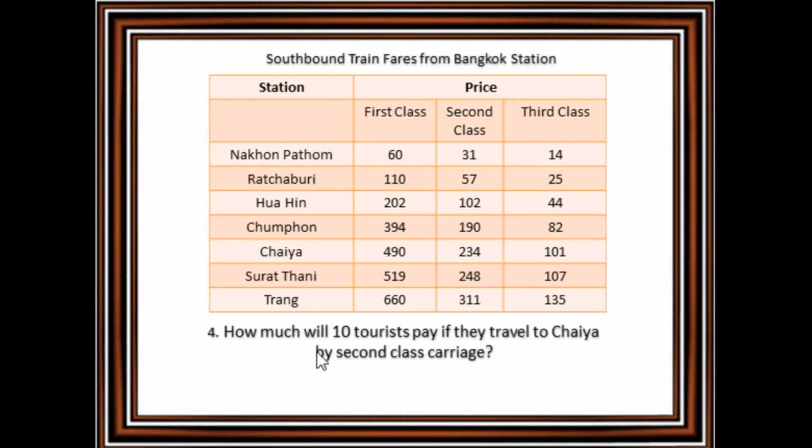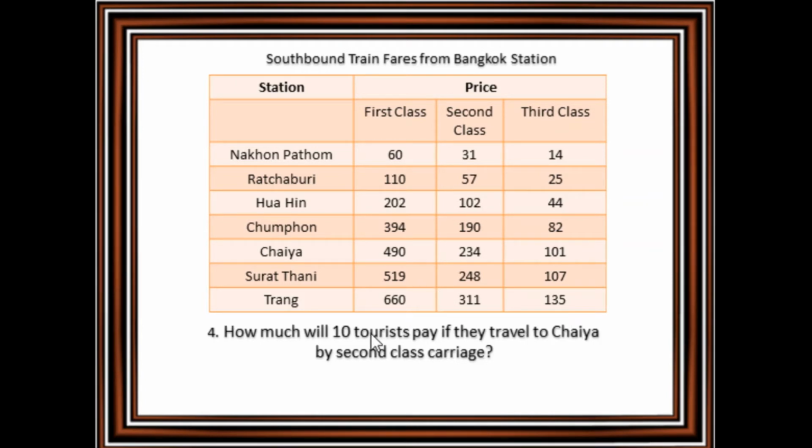How much will 10 tourists pay if they travel to Chaiya by second class carriage? The prices here are only for one person. One person will be charged 60, one person will be charged 110, and so on and so forth.